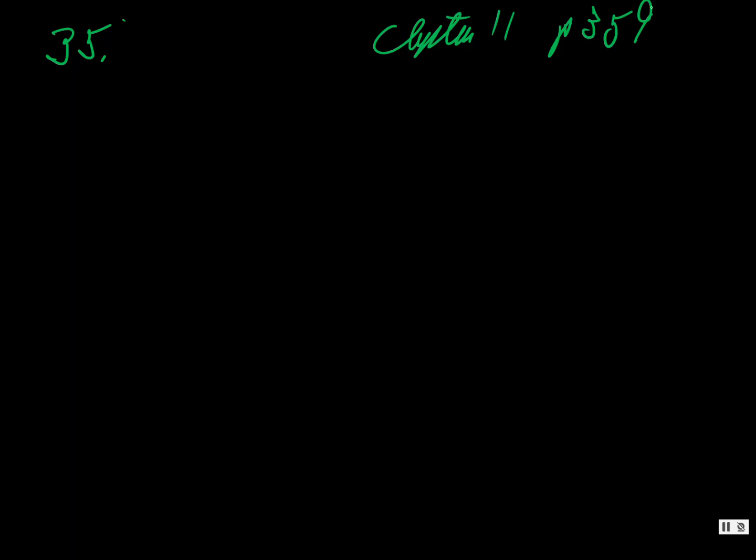All right, so we have a specimen of oil having an initial volume of 600 centimeters cubed, subjected to a pressure increase of 3.6 times 10 to the 6th Pa, and the volume is found to decrease by 0.45 centimeters cubed. What is the bulk modulus of the material and what is the compressibility of the material?